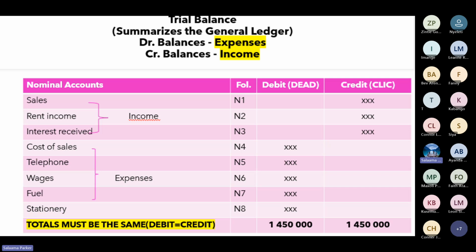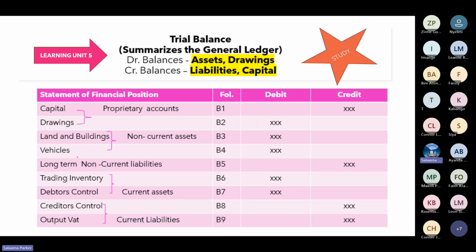Right? And there you record your income and your expenses. Incomes have credit balances, expenses have debit balances. I'll just go back again. Capital and your liabilities all have credit balances, and your assets all have debit balances.